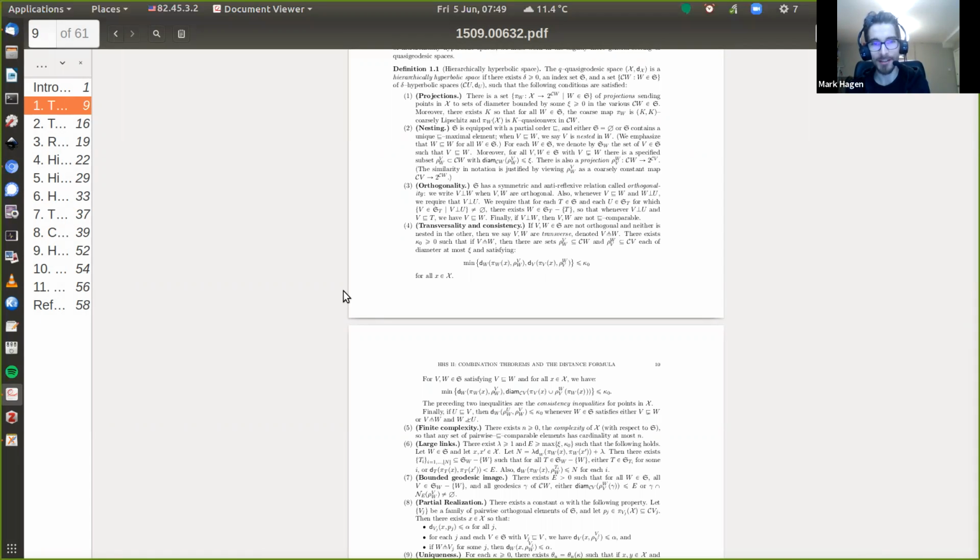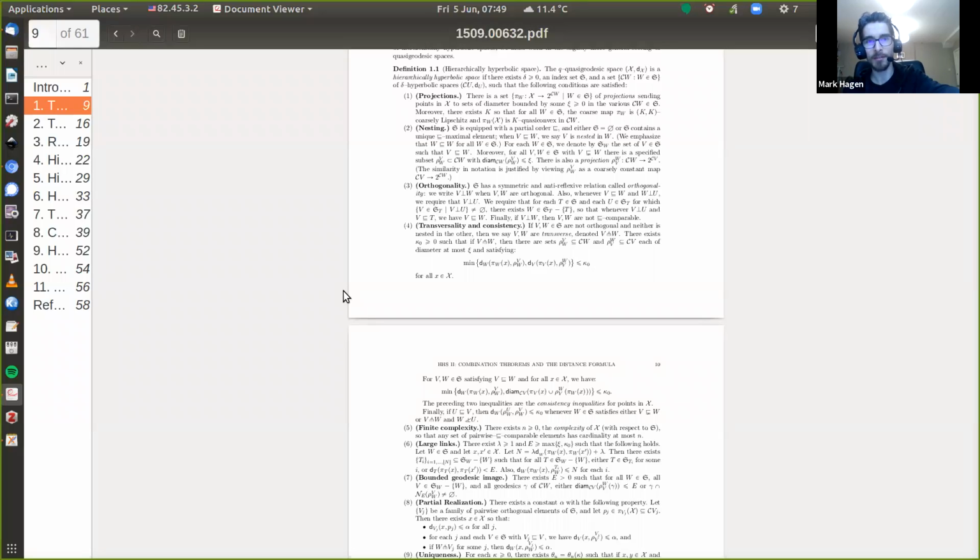so you can imagine that if I give you a group and maybe it has some properties that make you suspect that it might be a hierarchically hyperbolic group. For example, lots of Artin groups we suspect are hierarchically hyperbolic, but don't know it.